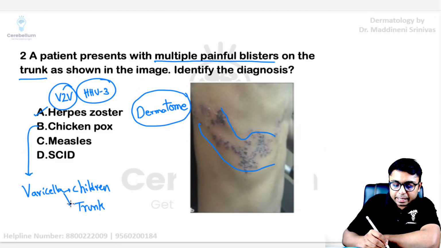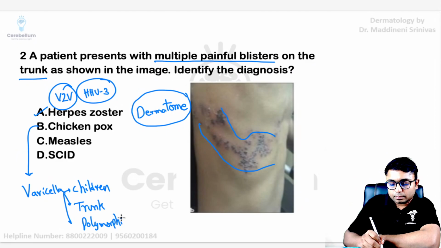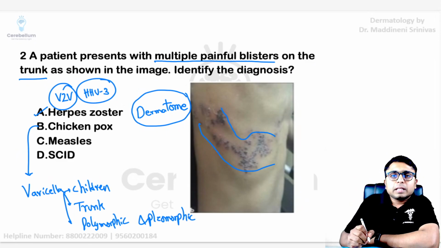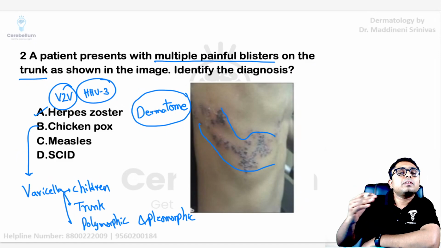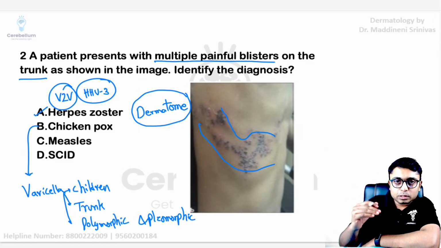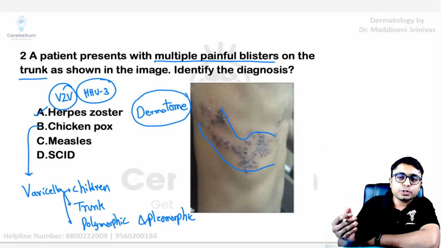Not only that, we can see characteristic polymorphic and pleomorphic lesions. What does pleomorphism mean? Initially there will be macules which will convert into papules, which will again convert into pustules, and finally there is going to be crusting.